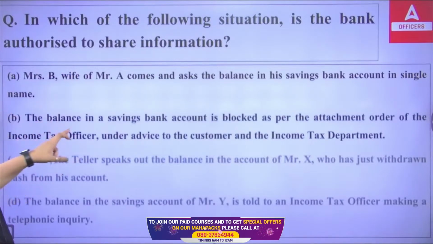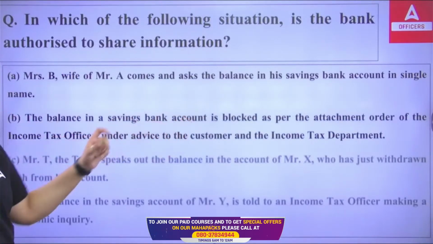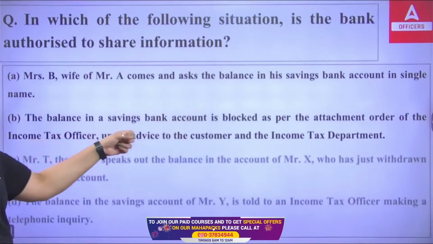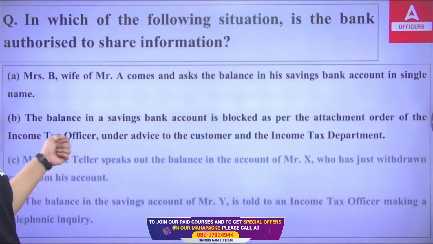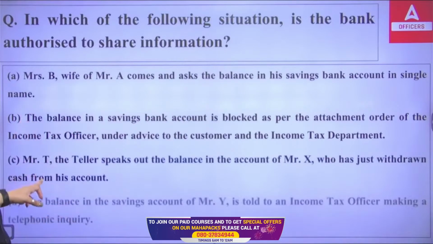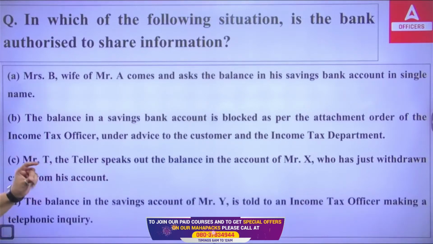Second, the balance in a savings bank account is blocked as per the attachment order of the income tax officer under advice to the customer and the income tax department. Third, Mr. T, the teller, speaks out the balance in the account of Mr. X, who has just withdrawn cash from his account. Fourth, the balance in the savings account of Mr. Y is told to an income tax officer making a telephone inquiry.